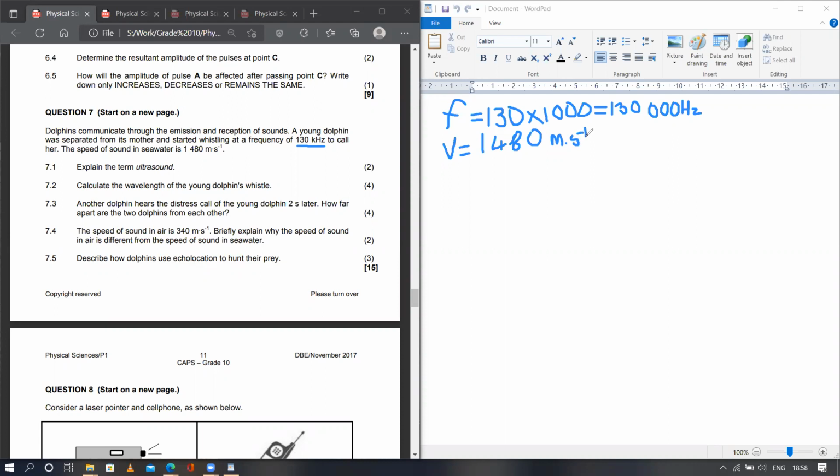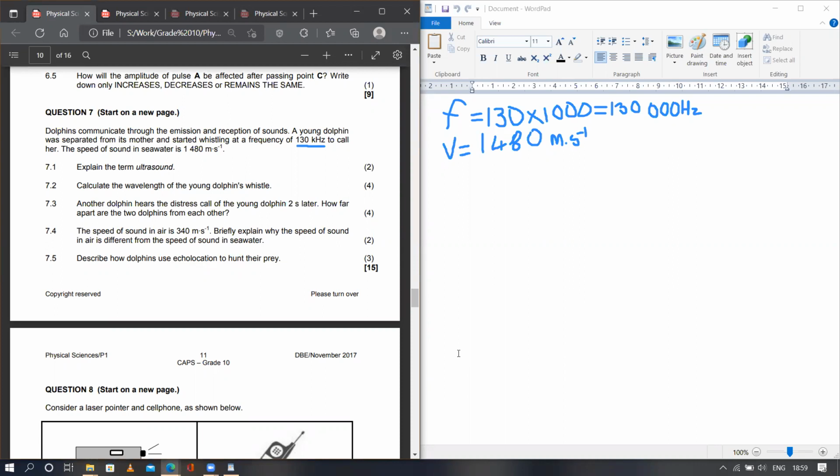After that, they say explain the term ultrasound. As you remember, I'm not gonna go through definitions because that's gonna take our time. So now they want us to calculate the wavelength of the young dolphin's whistle. They gave you the frequency and the speed, and they want you to relate it to the wavelength.